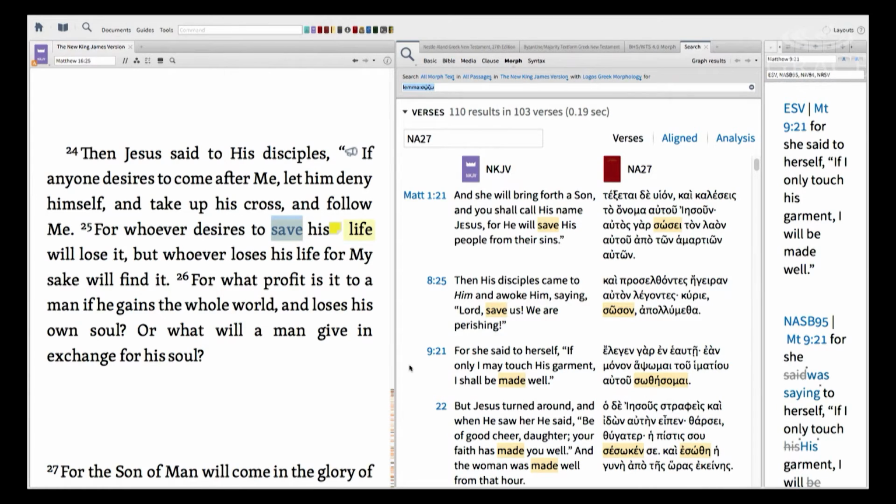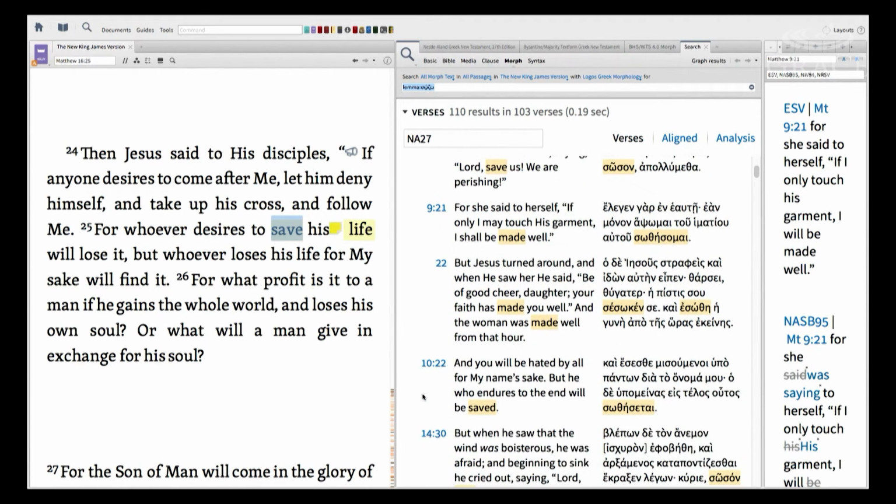So let's go to the next one. This is Matthew 9:21. For she said to herself, if only I may touch his garment, I shall be made well. And then verse 22, the very next verse, Jesus turned around, and when he saw her, he said, be of good cheer, daughter, your faith has made you well.